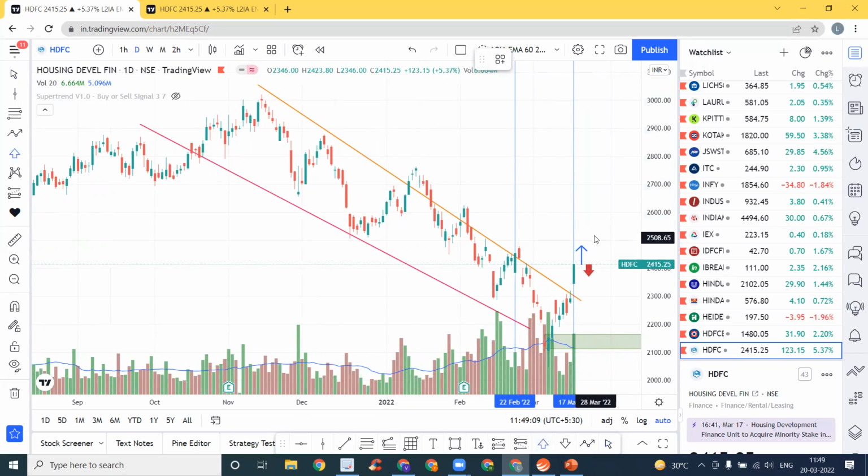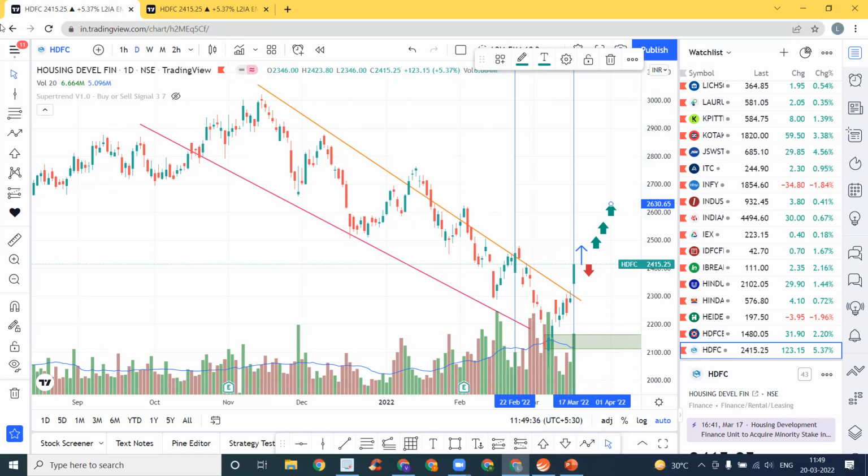Supposing it went up again, and after that went up again, and after that once again the candle has gone up. So now it is telling me, okay, I am taking a positive movement in the upward direction. But along with this, there should be a good amount of volumes. The volumes give me an indication whether things are positive or not positive.